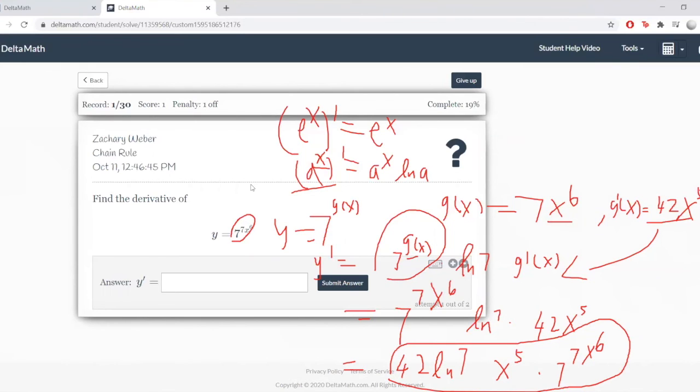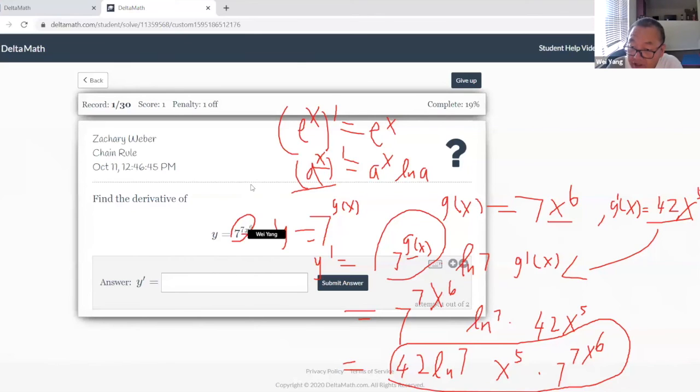So here, they ask you to practice the chain rule. To do this, we first write gx equals 7x power 6. Then we can write this function like this, right?